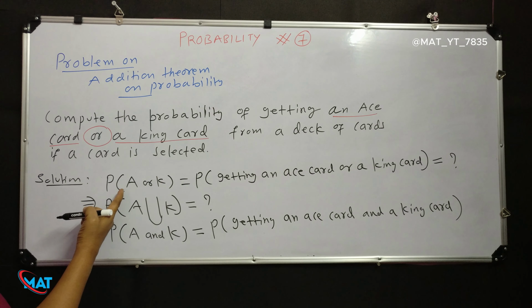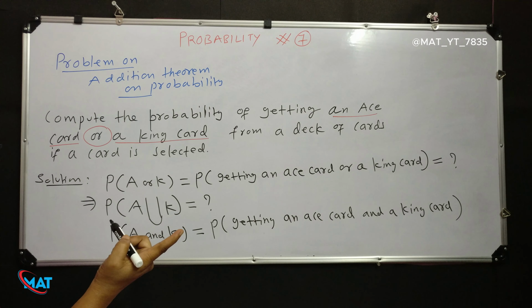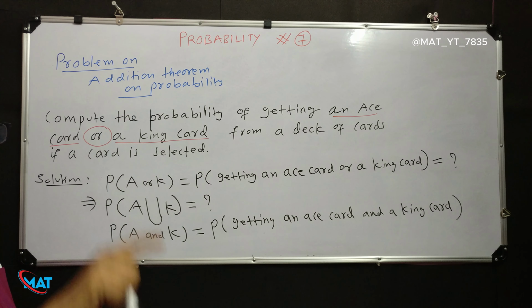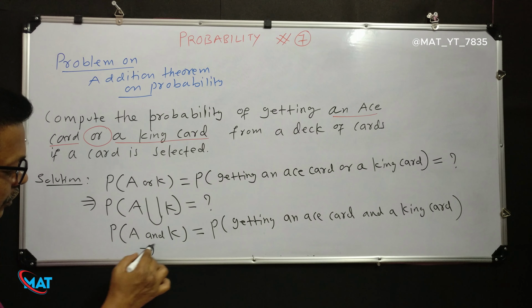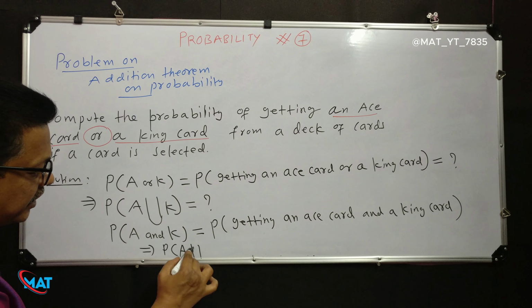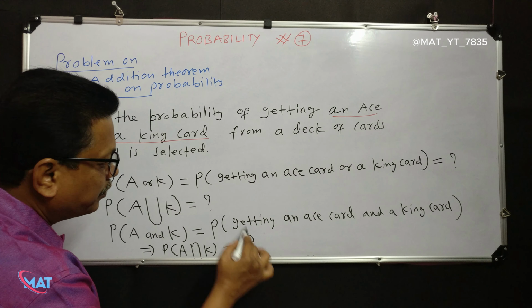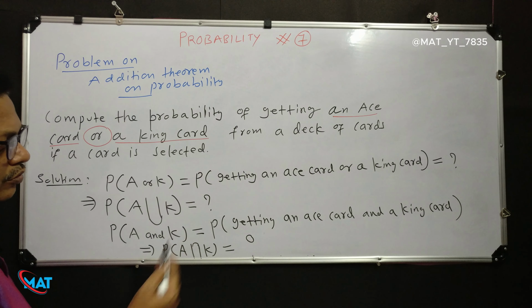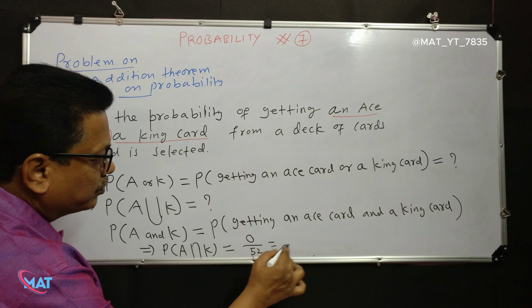Either you get an ace card or a king card, but not both. A card cannot have K and A symbol on it. So for that purpose, you can write this as probability of A intersection K. There are no possibilities or no outcomes of that one by 52, that is equal to 0.